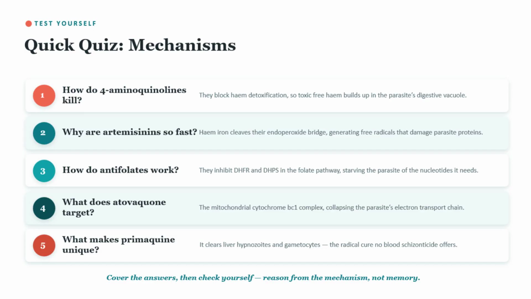Let me reinforce the 4 mechanistic buckets: heme detoxification blockade for the 4-aminoquinolines, free radical generation for the artemisinins, folate pathway inhibition through DHFR and DHPS for the antifolates, and mitochondrial cytochrome bc1 disruption for atovaquone. And don't forget that primaquine is the outlier that reaches the liver hypnozoites and gametocytes.